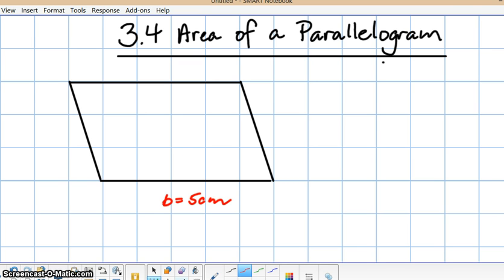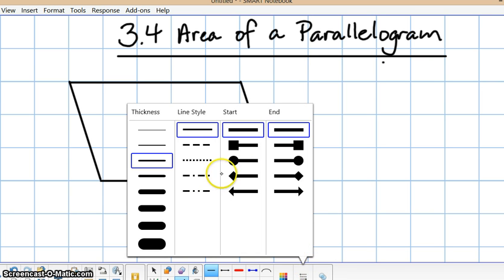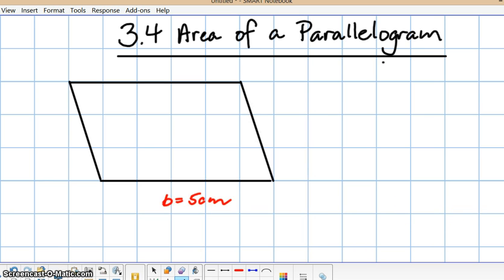So what I'm going to do is draw a dotted line from the bottom, the base, all the way to the top here, and I'm going to indicate where they meet. They meet at a right angle here.